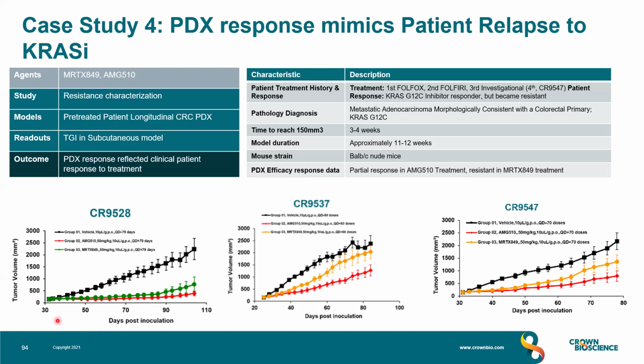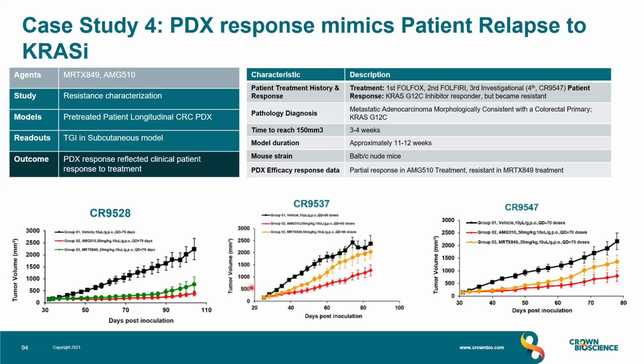But again, there's not complete tumor regression. And then in the relapsed models, 9537 and 9547, there is weak response to Krazati, similar to the patient, and also a partial response to AMG 510. But this is still representing progressive disease, or still referred to as resistance.